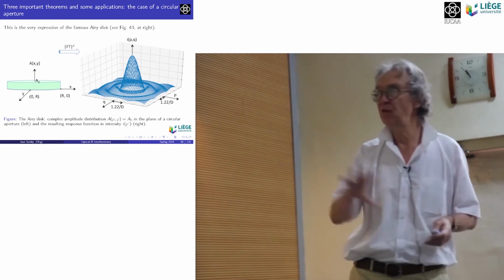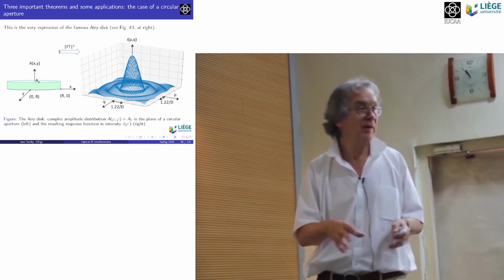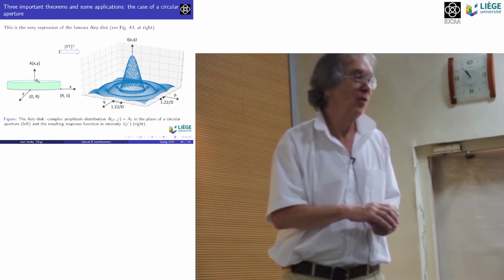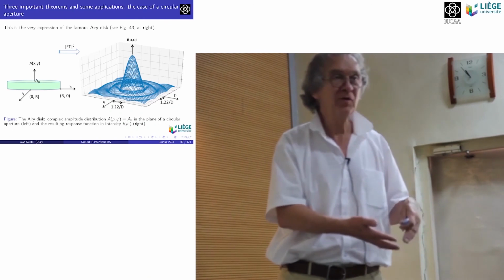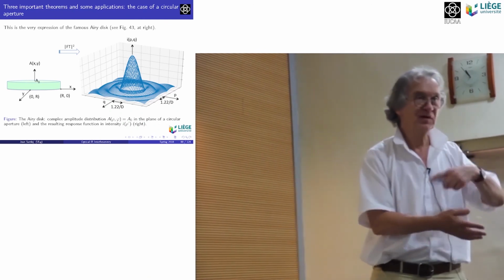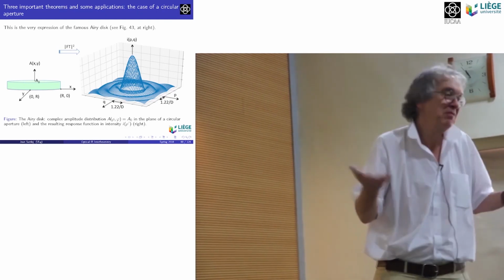No. But you see, it's very simple, it's just Fourier optics, just Fourier transform. And the complication is that when you use a square or rectangular aperture, everything is simple, it's a sinc function. When you use a circular symmetry, whoa, zero order, first order Bessel functions. But it's okay.